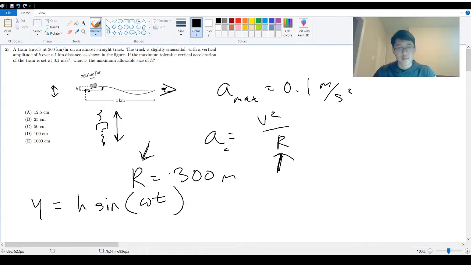Let's think about exactly what omega is in this equation. This omega tells us the angular frequency.